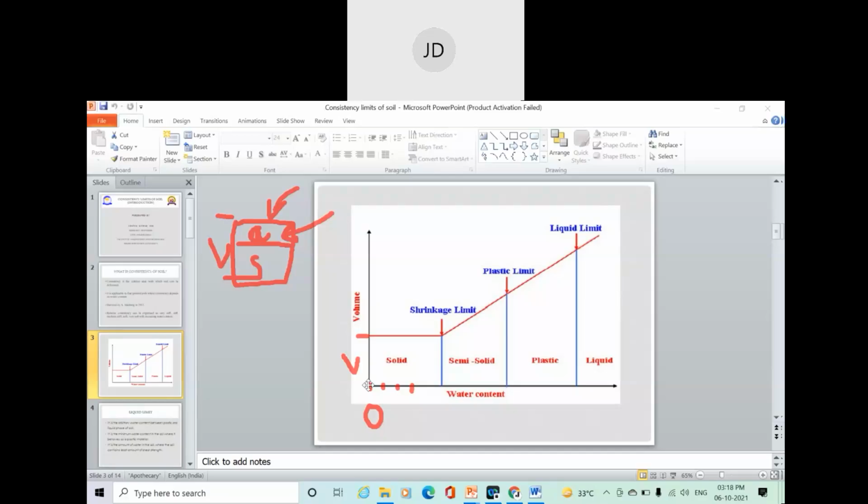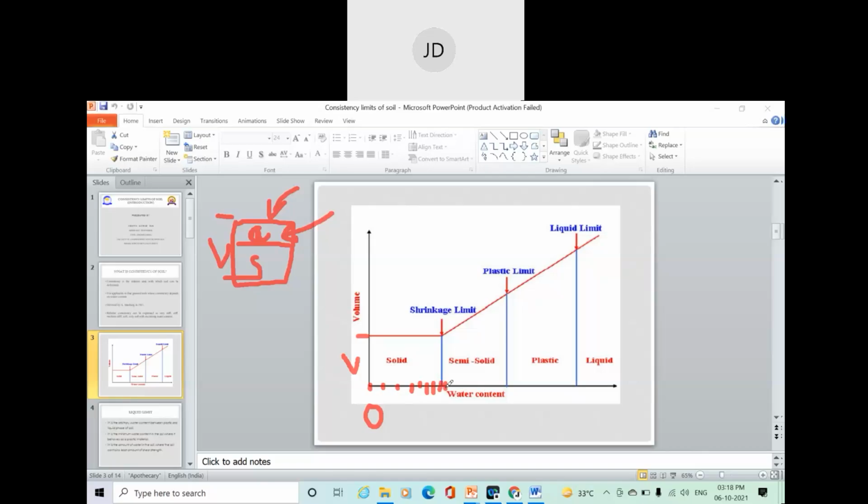Now if we start adding water slowly, what will happen? The water starts entering the voids and replacing air. Till this point, as you increase the water content, the water takes the place of air in the voids. Up to this point only. If you increase more water beyond this line, what will happen?